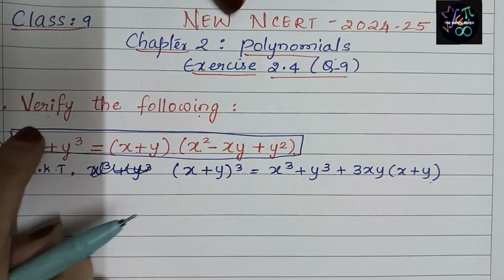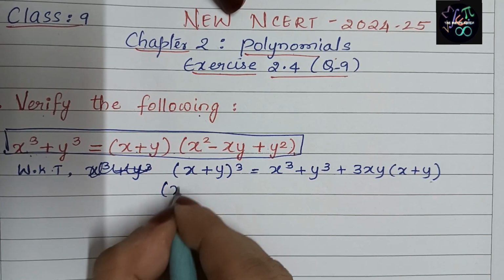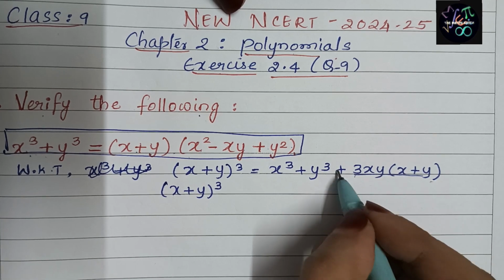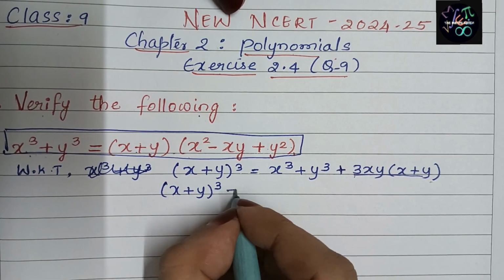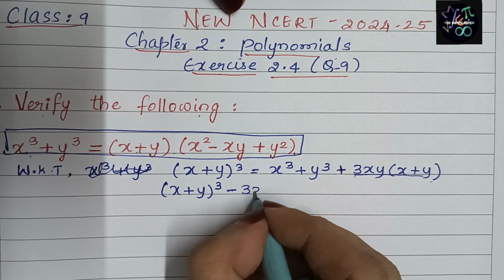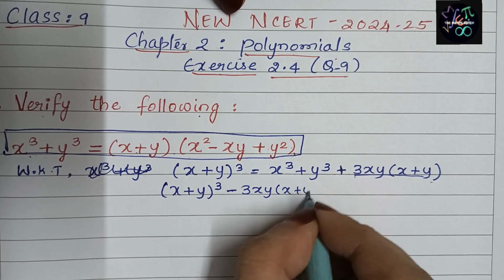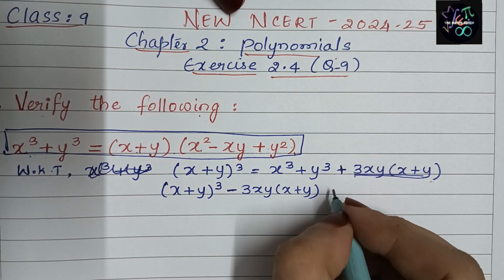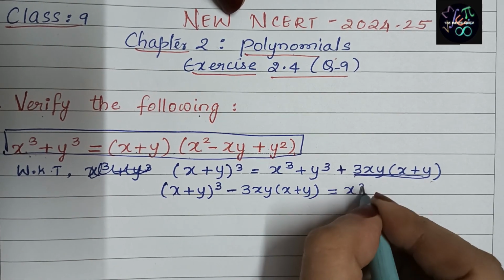Now we have to prove this. I'll keep (x plus y) whole cube as it is, and bring this part here, so the plus becomes minus 3xy(x plus y). What remains is x cube plus y cube.